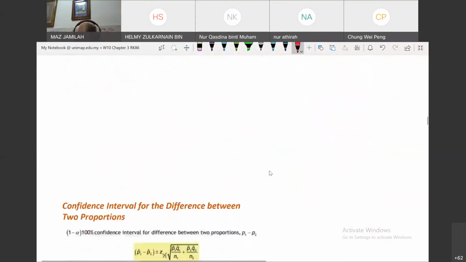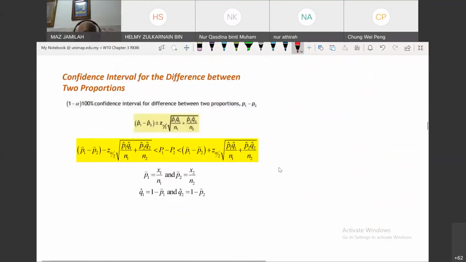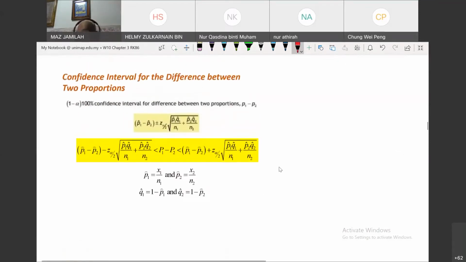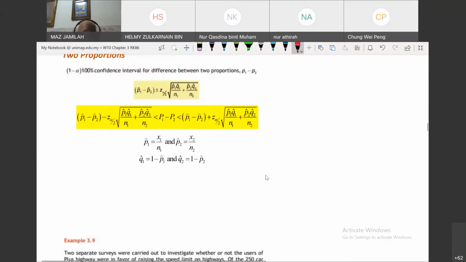Okay, thank you. Then we continue with the CI of the two population proportion. For two population proportion, it will be simple since we don't have to deal with sigma known or unknown, n less than 30, greater than 30. So everything is straightforward. If you wish to find the confidence interval for two population proportion, first you need to find the difference between the sample proportions, and then you plus minus the margin of error obtained by using this particular calculation.